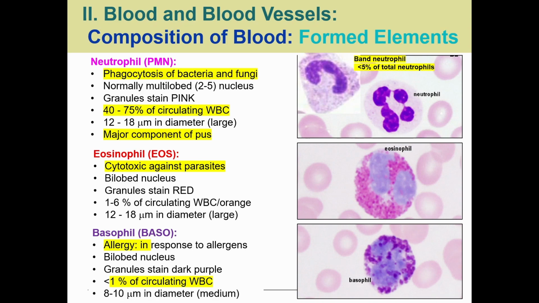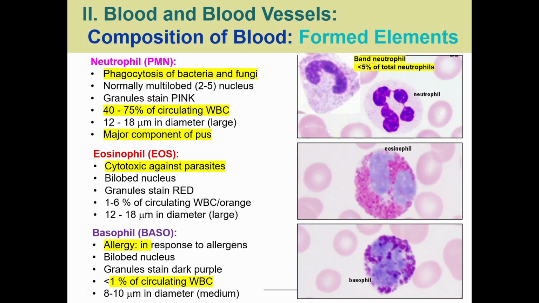Then we get into the granular white blood cells. We have the neutrophils, the eosinophils, and the basophils. Neutrophils are kind of your first responders. They're going to be the ones who show up right at the beginning if we have an injury or an infection. And their whole job is to go in and just phagocytize, just engulf bacteria and fungal cells that they find.